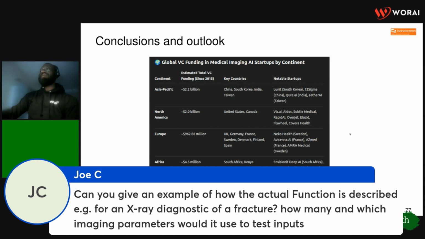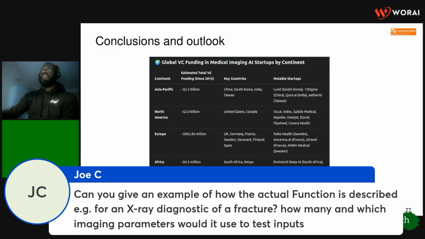Okay. So for example, if you want to predict fracture from X-ray, you have your X-ray images. Normally, you would have one image per patient. However, there could be multiple fractures within that specific patient data. So you build your model in such a way that it's able to detect these multiple fractures.